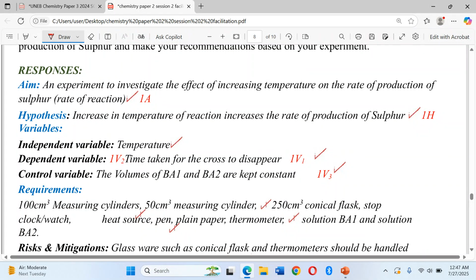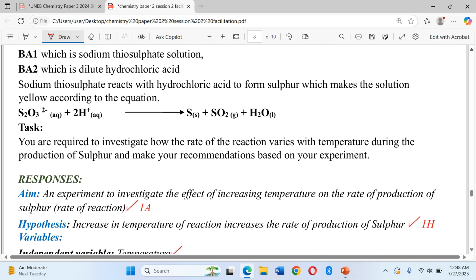So I say that the aim is an experiment to investigate the effect of increasing temperature on the rate of production of sulfur.